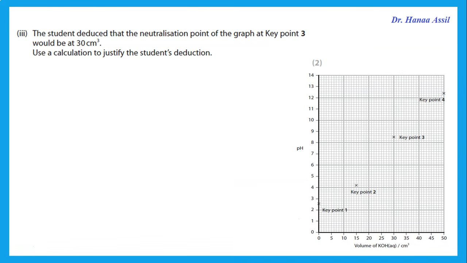The student deduced that the neutralization point of the graph at key point 3 would be 30 cm³. Use a calculation to justify the student's deduction. So we put key point 3 as the point of neutralization, and the student put it at 30. So the volume of KOH needed is 30.